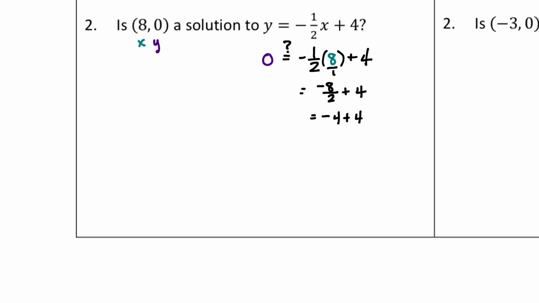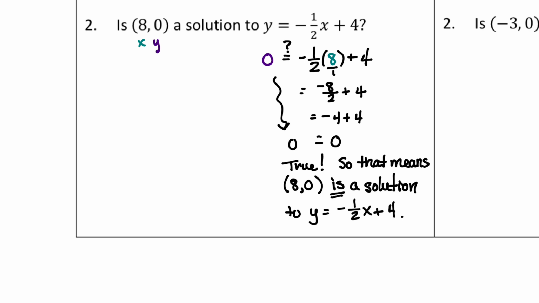Negative 4 add 4 is 0. So this would come down, and 0 does equal 0. So that is true. So 8 comma 0, this point, is a solution to that equation.